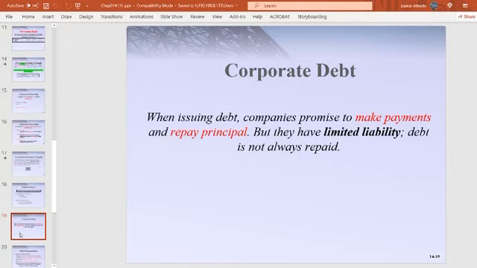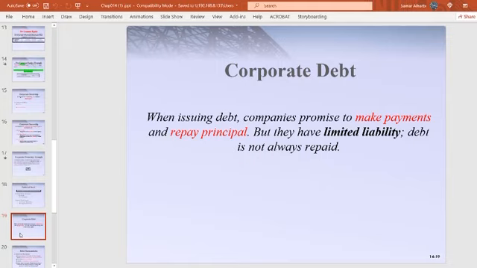That's why, when you issue debt as a company, or the government issues a bond, you promise the investor to make payments. You will give them some interest and you will repay the amount of the loan, the amount of the bond, at the end of the contract. This is very important because it's different from shares.